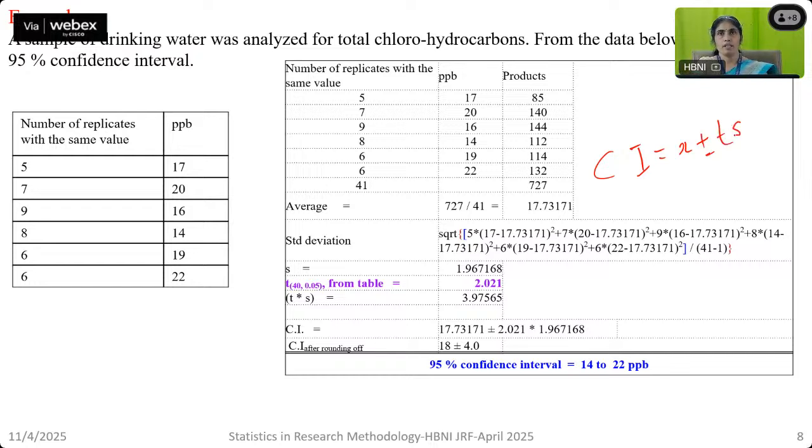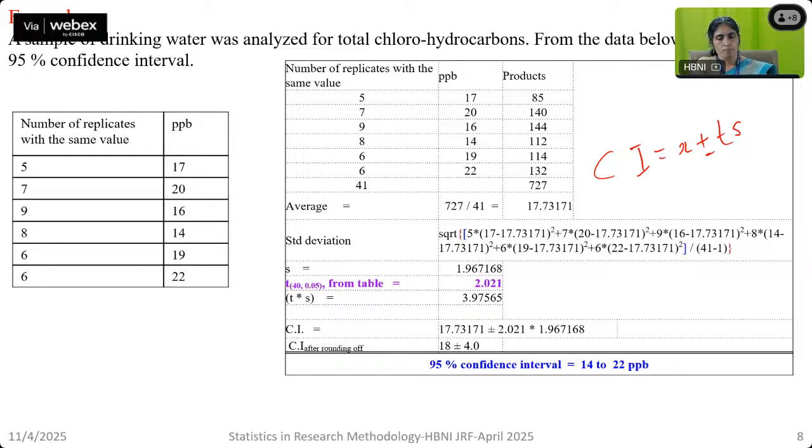Since we are seeking the 95% confidence level, the significance level will be 5%, corresponding to a fractional value of 0.05. That way, the confidence interval can be calculated. All the steps are described in detail here. You are all requested to check by doing it yourself and get the feel of it.